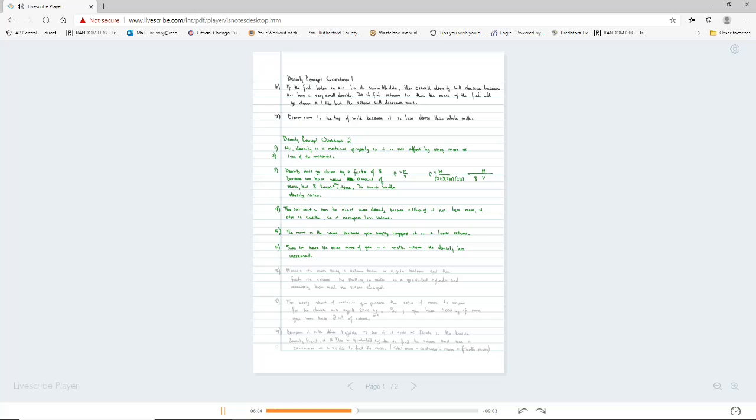Okay? Number 7. How could we find the density of an irregularly shaped object?